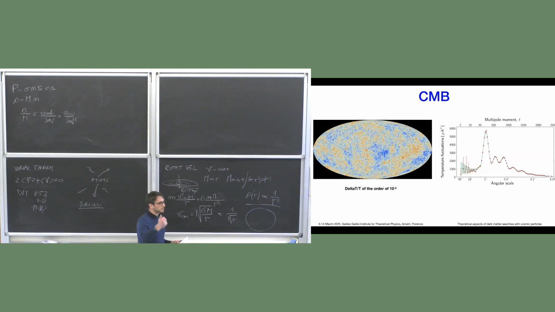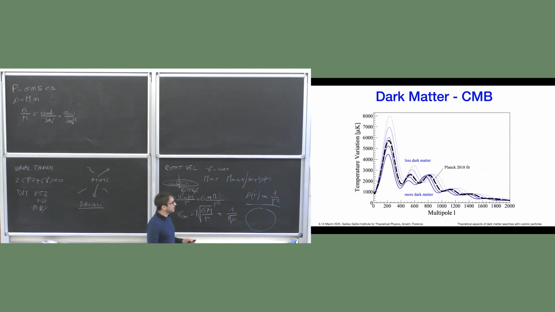So you have an estimate of baryonic mass, dark matter, baryonic density, dark matter density, dark energy density, and radiation. And in particular, you see here how the power spectrum of the CMB changes with less or more dark matter.